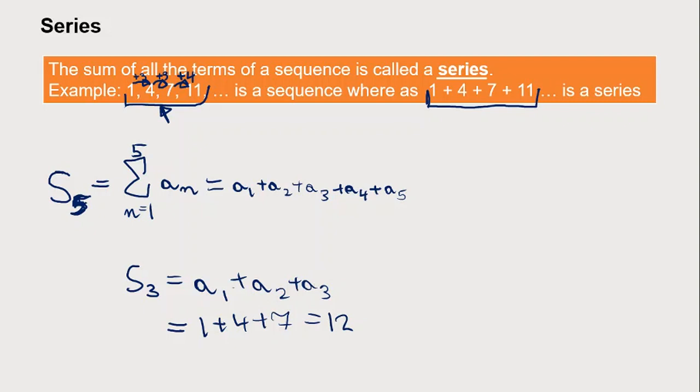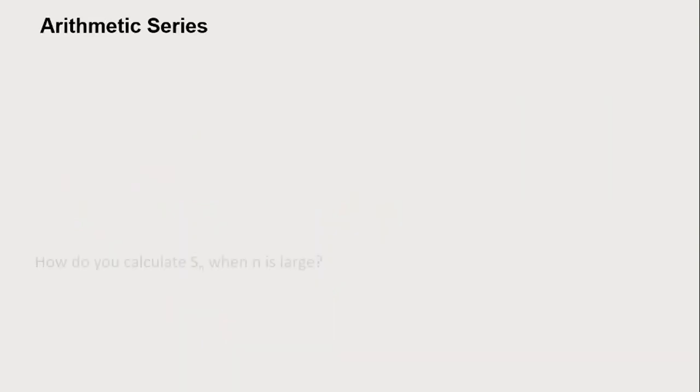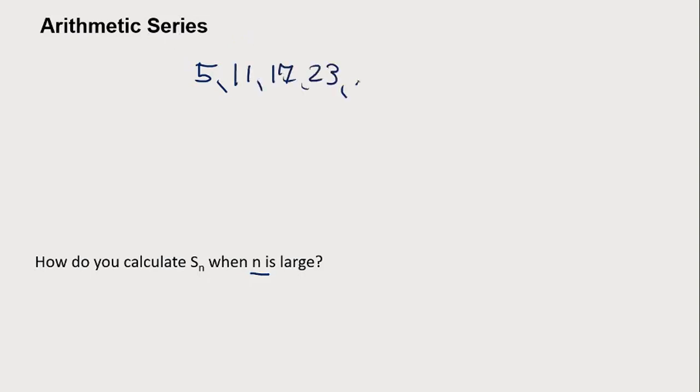Now with arithmetic series, what we are wondering is how can we calculate the Sn, the summation, when n is very, very large. Obviously we need to derive a formula for it, because if I have a particular AP, arithmetic progression, such as 5, 11, 17, 23, I could take S2 or S3 or S4.